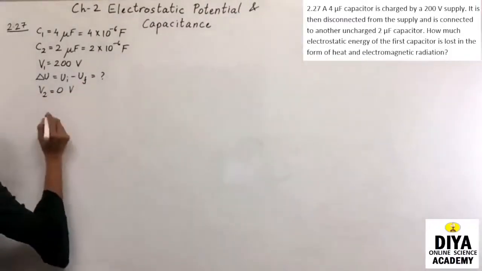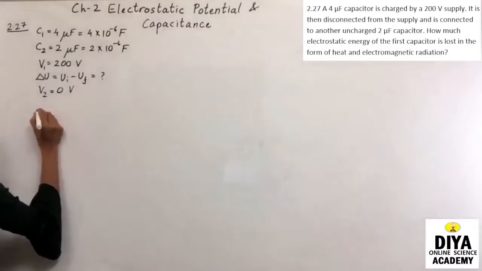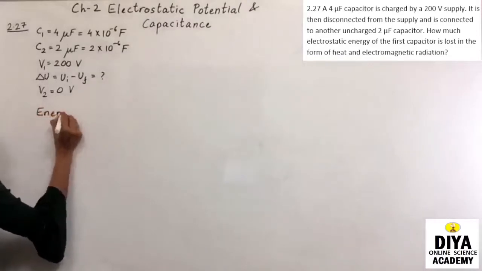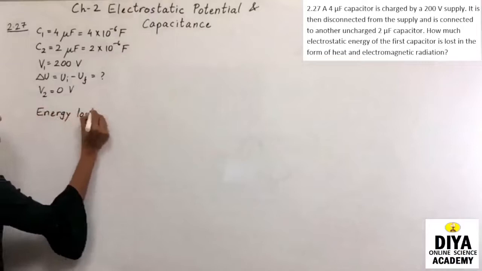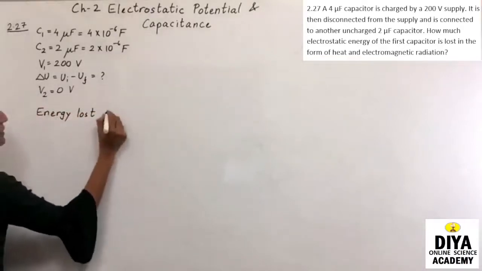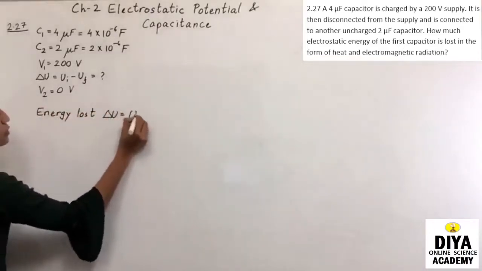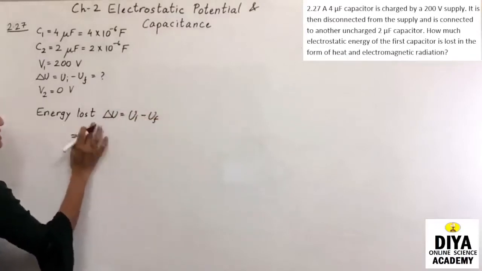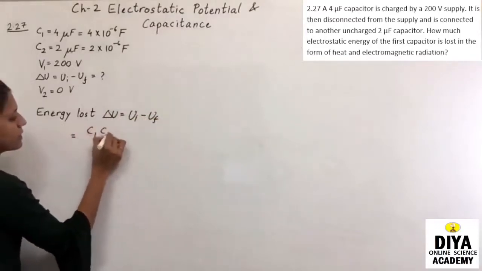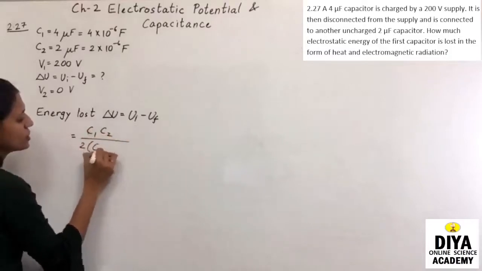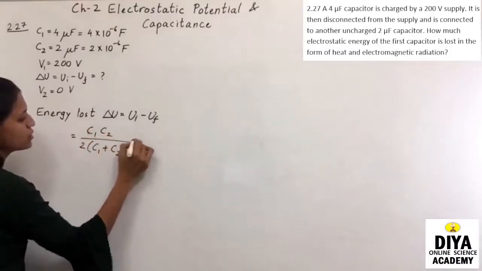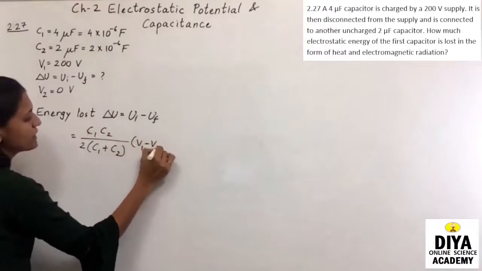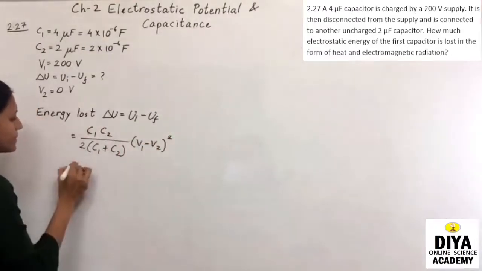So there is a simple formula for this: energy lost or energy dissipated, delta U equals to Ui minus Uf equals to C1 C2 by 2 into C1 plus C2 into V1 minus V2 whole square.